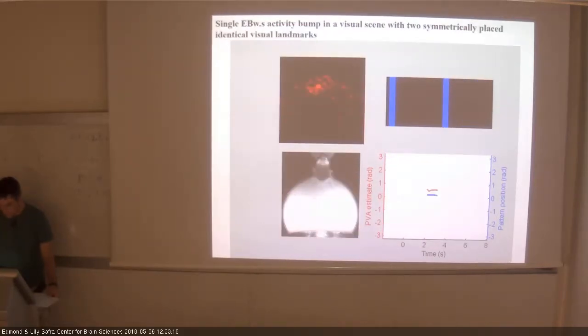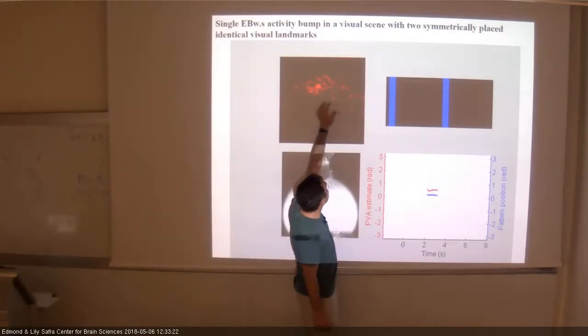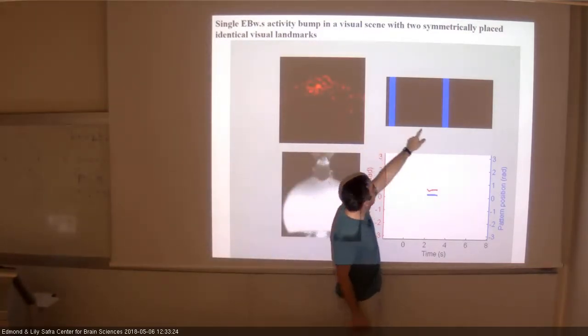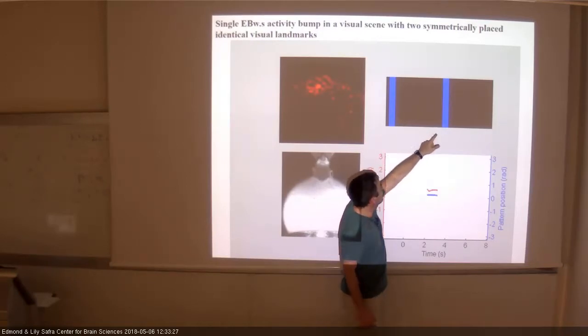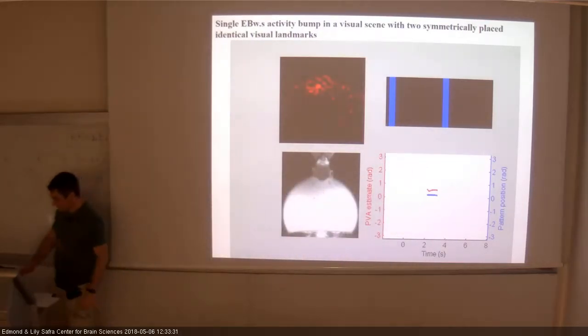And another way of demonstrating it is now using two bars. Now, if activity is a reflection of the visual world, then we expect to see two bumps of activity, but we only see one.